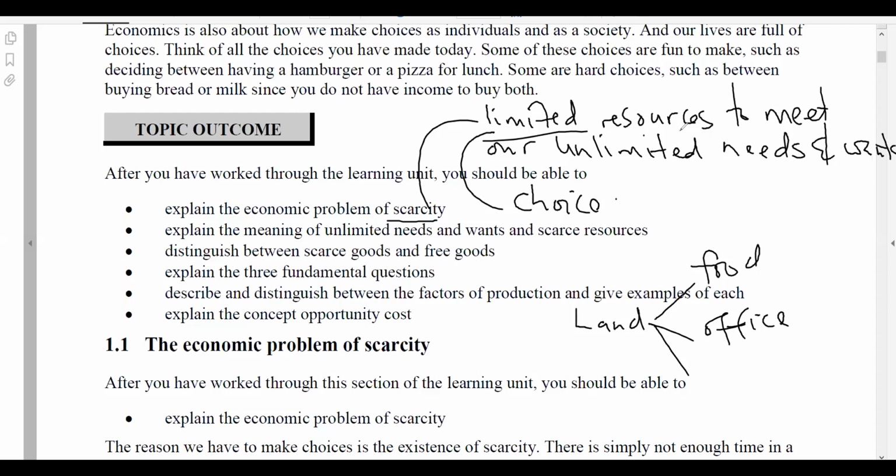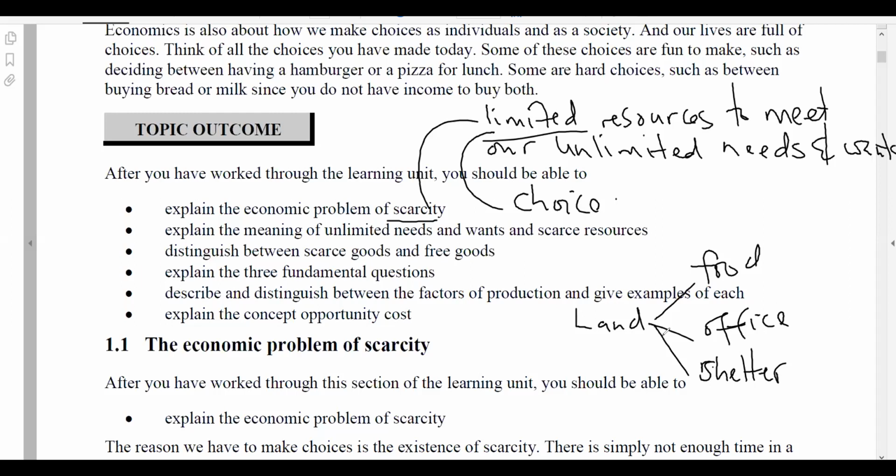Maybe a manufacturing office, like a head warehouse. Yes. Or maybe to build a shelter. Even a warehouse, like what you said, is fine. So in this case, we need food, we need to have this office block, we also need to have shelter, right? But we cannot use our land to produce all of these things at once.